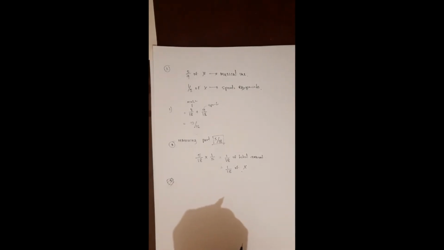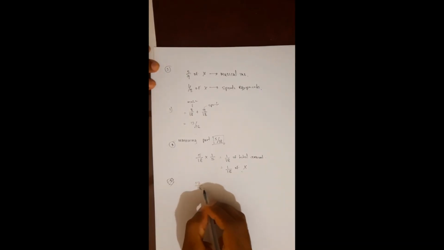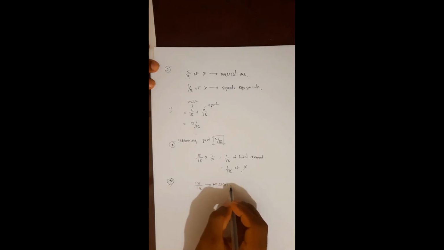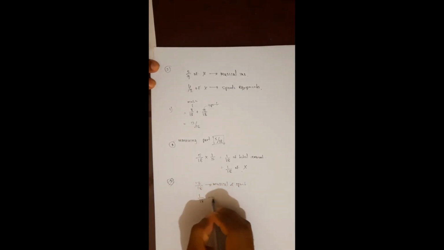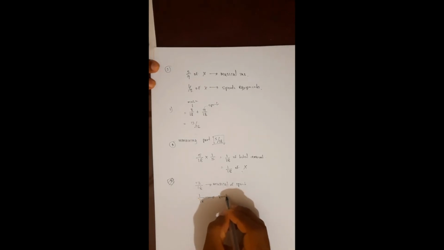And the next data given is the amount remaining after buying books was used to renovate the community center. So what are the fractions used now? 13 over 18 is already used for musical and sports purposes. 1 over 18 is used to buy books.